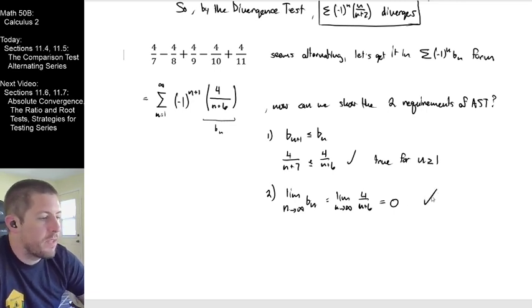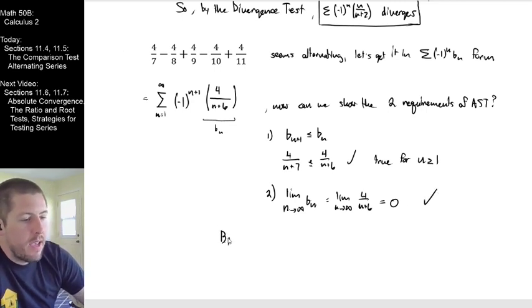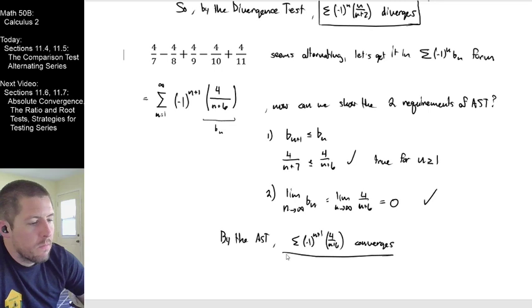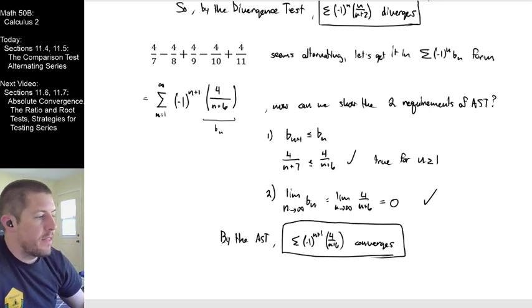So that gets the check mark. So I think we can say by the AST, the series -1 to the n plus 1 times 4 over n plus 6 converges. All right, that one was not that bad.